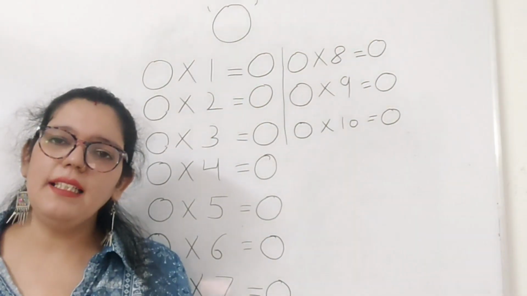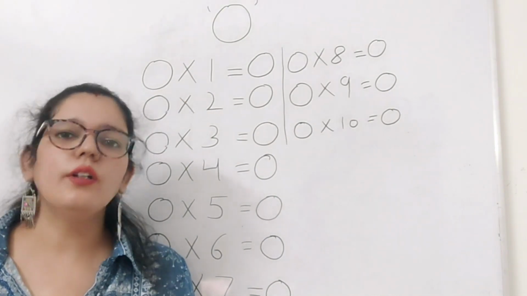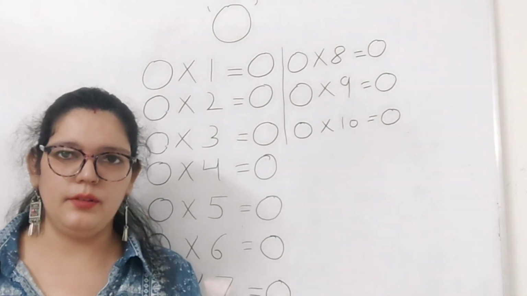So what does that mean? If we multiply any number to 0, the result will always be a 0.